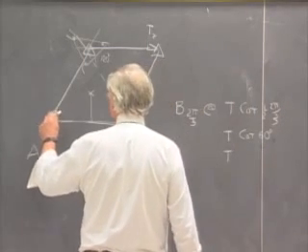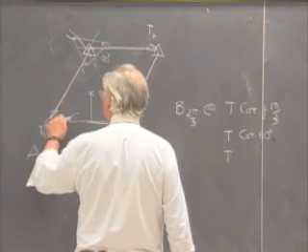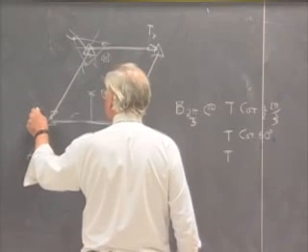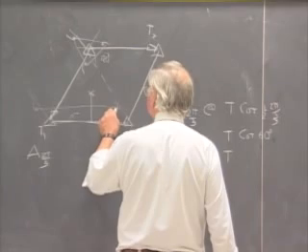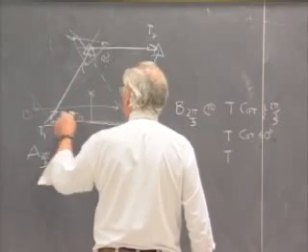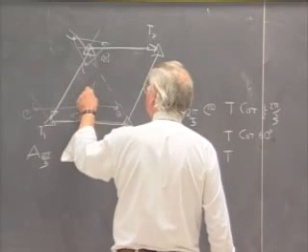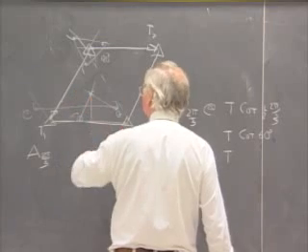So if I rotate 120 degrees, bring this one to this one, and then translate over to here, the way the first one and the second one are related is by a 120 degree rotation about the center of this triangle.